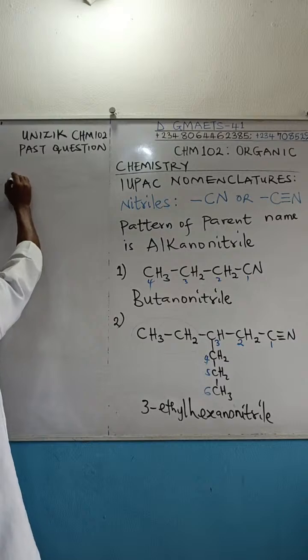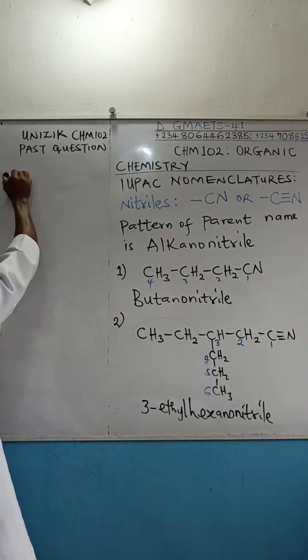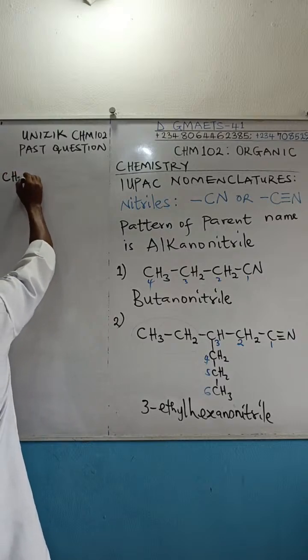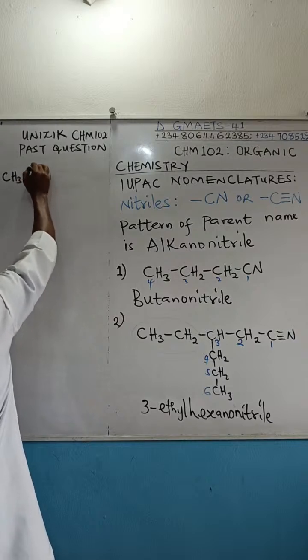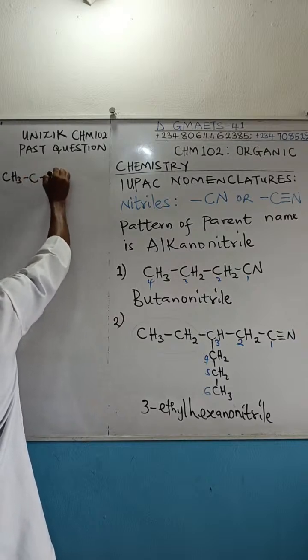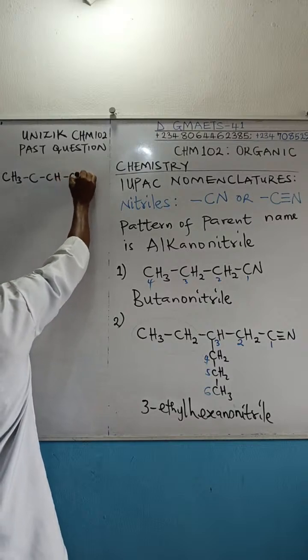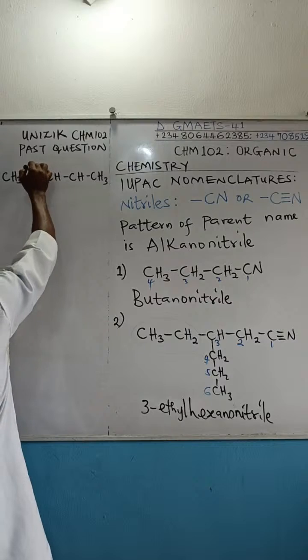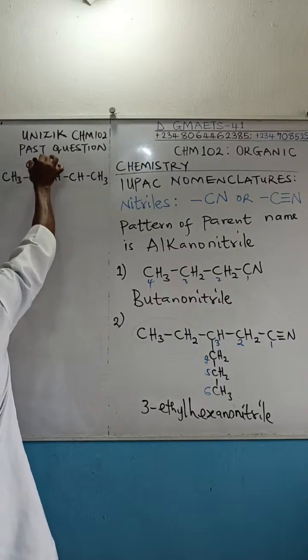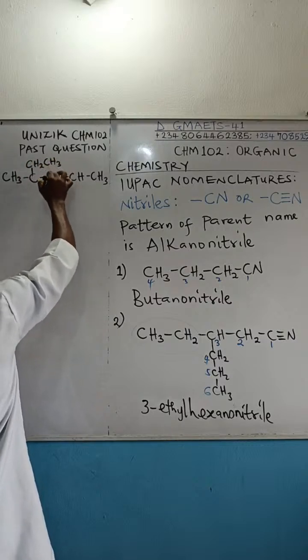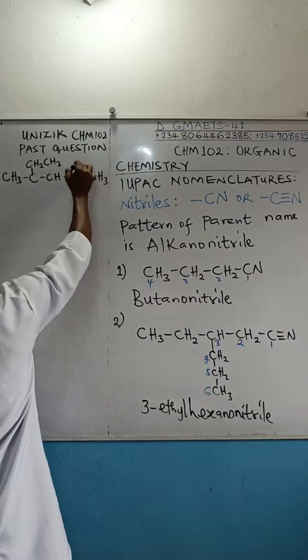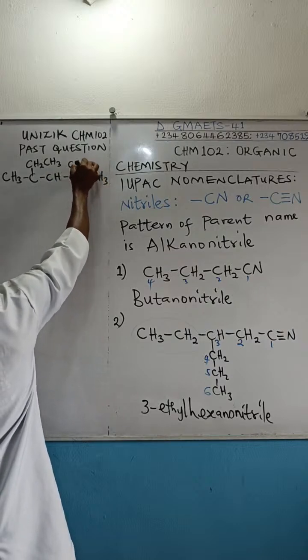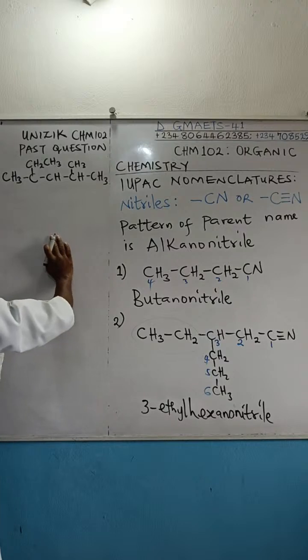So we have this structure, CH3, C, then CH, and then CH3. And on this second carbon atom, you have CH2, CH3. Then you have CH3 here. Good.